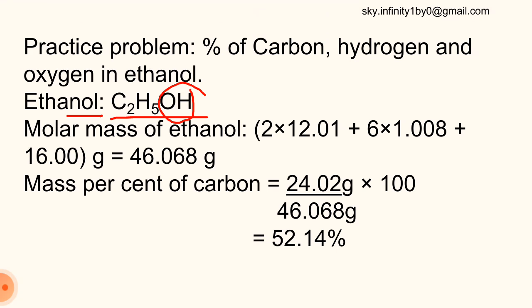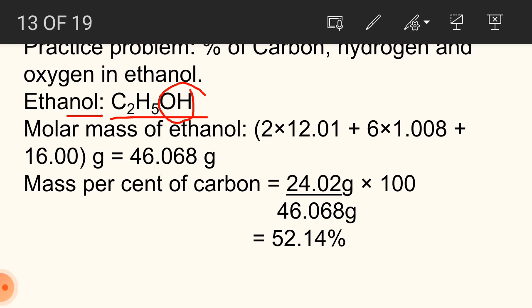We have earlier seen that the molar mass of ethanol, or molar mass specifically of any compound, can be calculated from its individual atomic masses. So here there are 2 carbon atoms. Hence we multiply 2 by the atomic mass of the carbon atom.